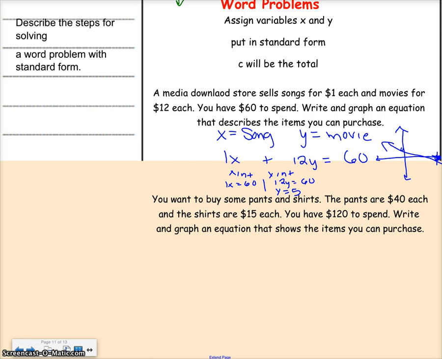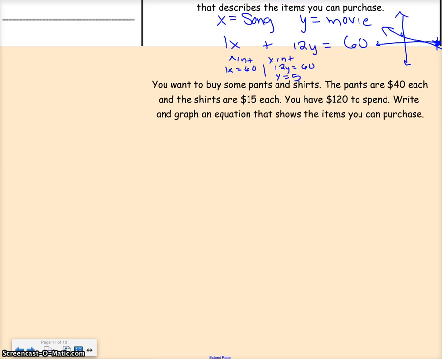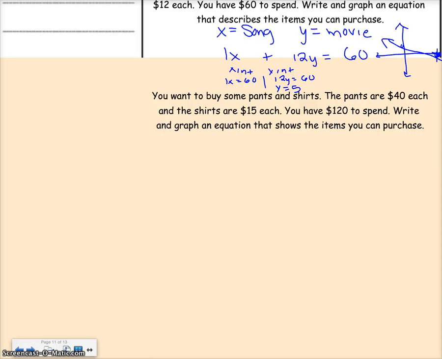Okay, same thing though, all you do is assign your variable. So let's say you want to buy some pants and some shirts. The pants are $40 each, and your shirts are $15. You have $120 you can spend. Write an equation that models this. I'm going to say my x are pants, since it was first. x is pants. y is shirts.